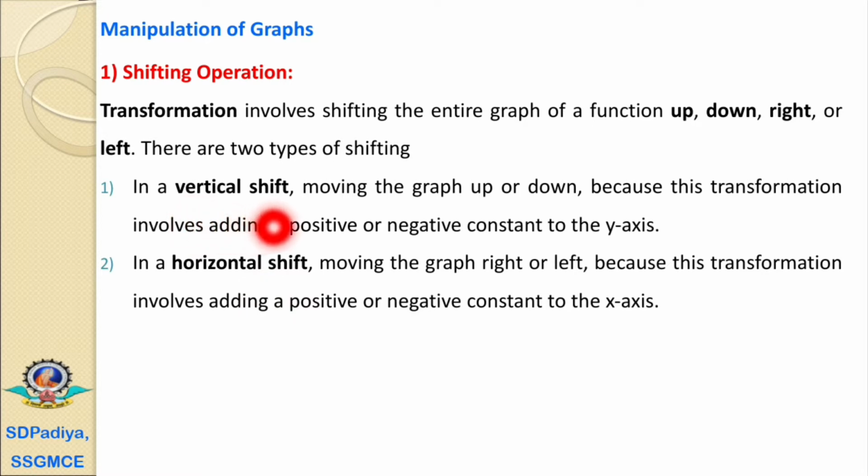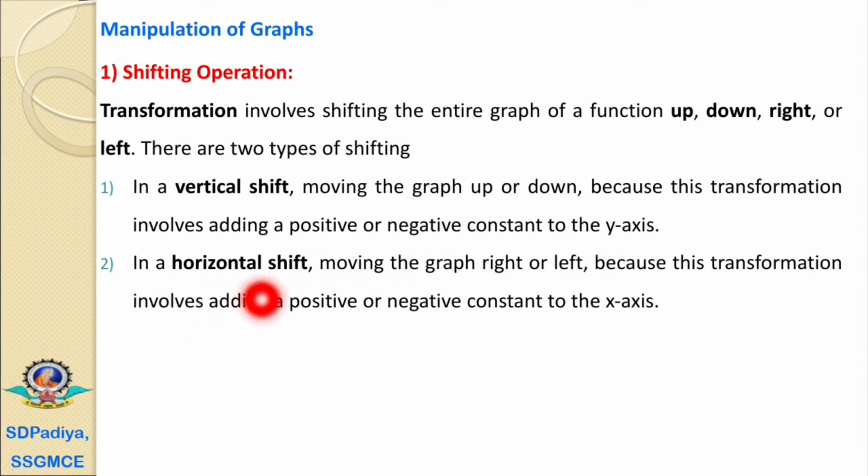In a vertical shifting, the graph is moving up or down because this transformation involves adding a positive or negative constant to the values of the y-axis.